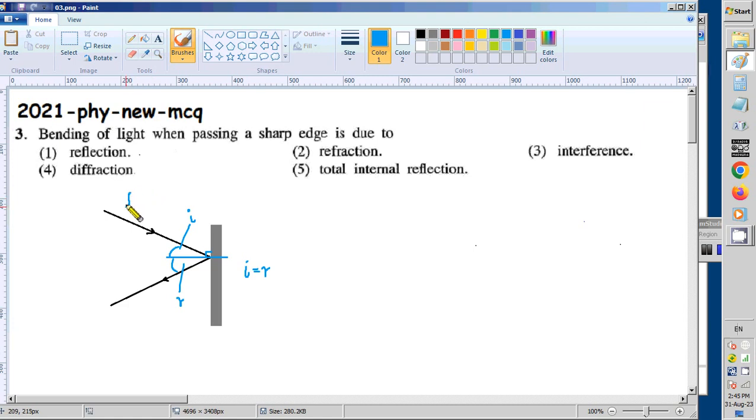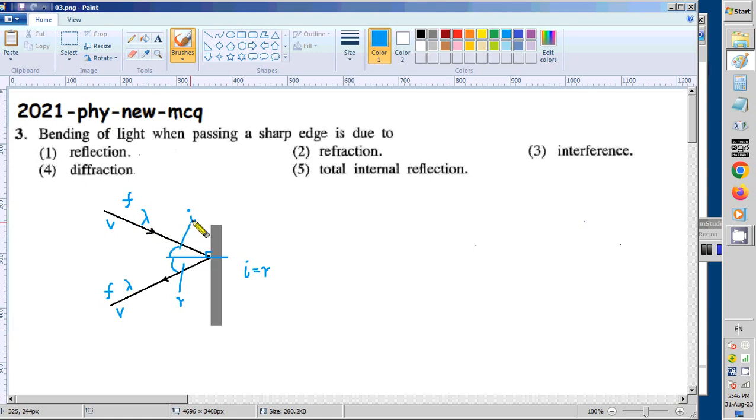The frequency of this incident ray is equal to the frequency of this reflected ray, and the wavelengths, lambda, are also equal in each case. Also there is another variable, velocity. Velocity is also equal because both rays are in the same medium.